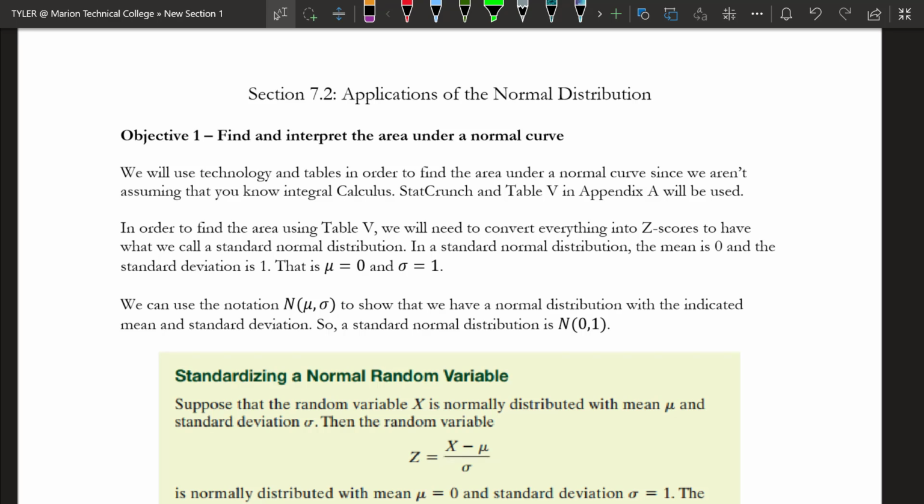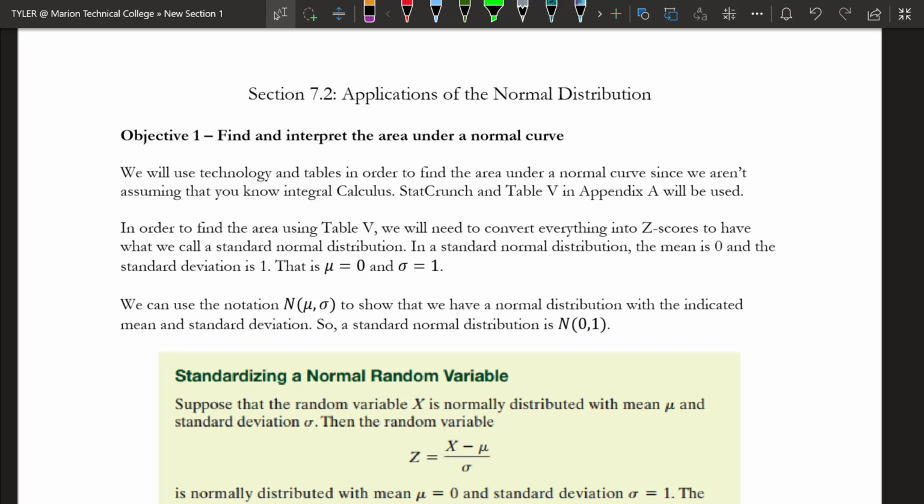But that equation for a normal function is beyond the scope of this class. It's an exponential function, which we're not going to deal with. And you also need integral calculus, which you would take in calculus 2, to find the area under a curve. We use an integral to do that, but again, that's beyond the scope of this class.